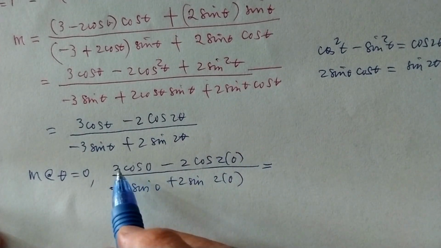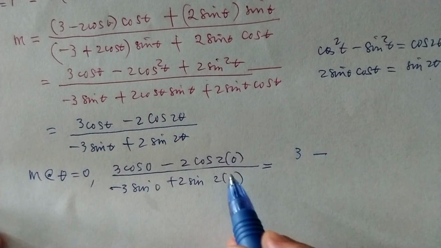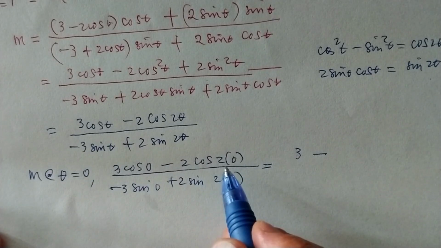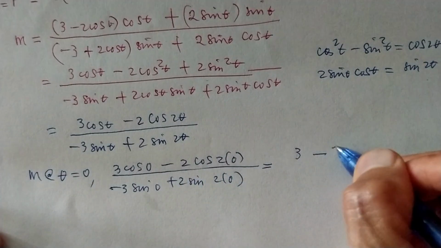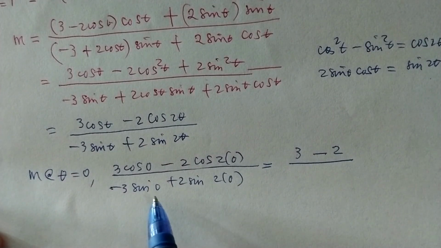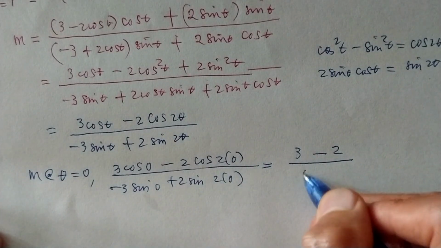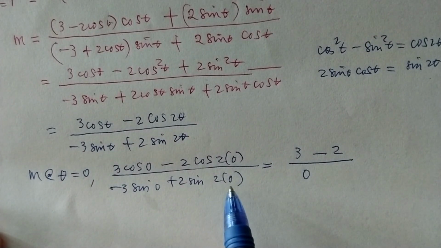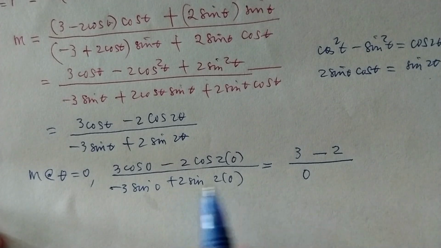Cosine 0 is 1, so 1 times 3 is 3. 2 times 0 is 0. Cosine 0 is 1. 1 times negative 2 is negative 2. Sine 0 is 0 times negative 3 is 0. 2 times 0 is 0. Sine 0 is 0. 0 times 2 is 0.